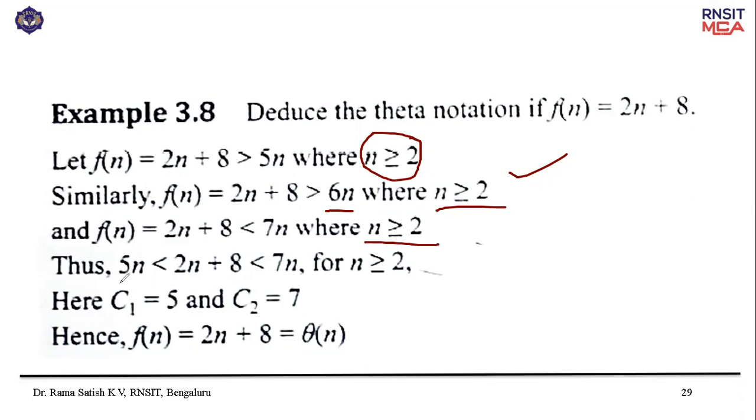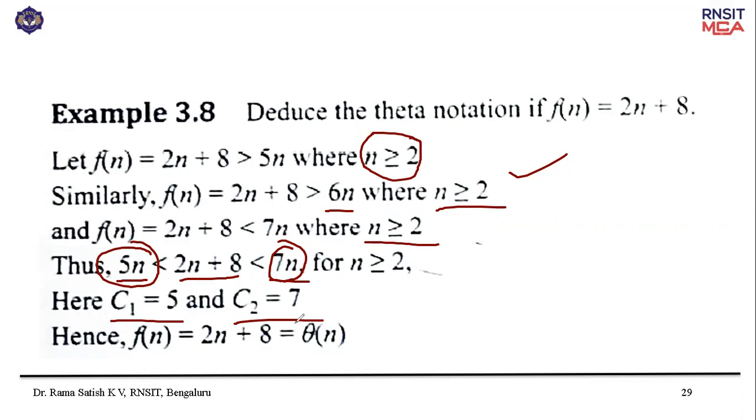So certainly you can write 2n plus 8 will always be greater than 5n, and for 7n, it is less than. So this will be a lower bound and this will be an upper bound. So your C1 is equal to 5 and your C2 is equal to 7.